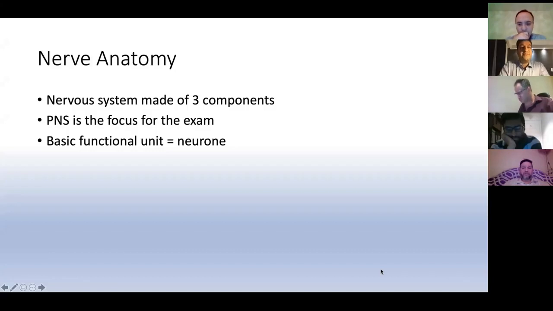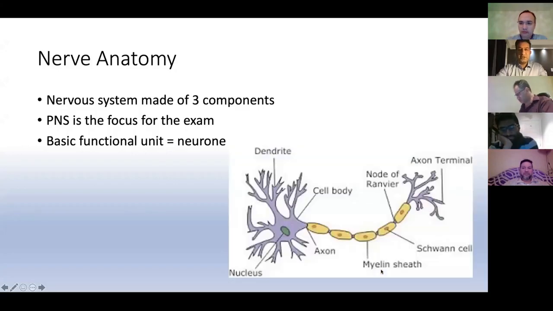So the basic functional unit in the nervous system is the neuron, which consists of a number of parts. You essentially have a cell body, and the cell body is kind of the chemical factory. It contains a nucleus, it contains a cytoplasm, which is also known as the axoplasm, and various constituents such as vesicles, microtubules, and the axoplasmic reticulum.